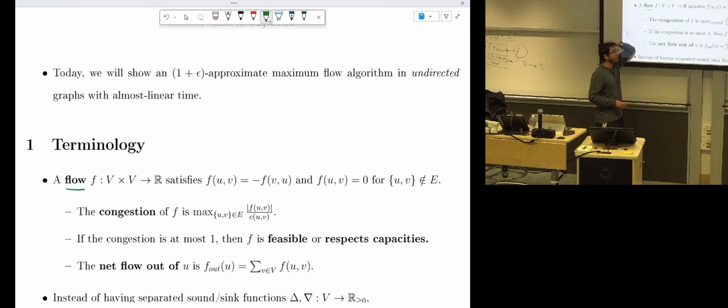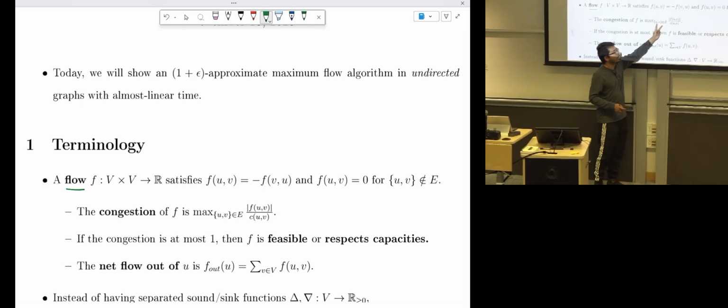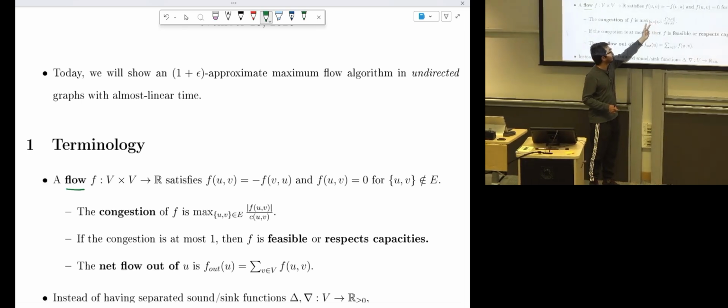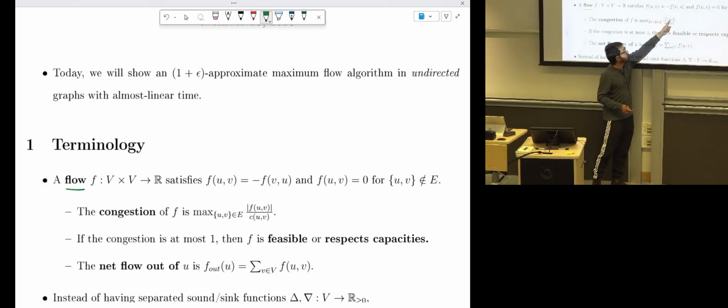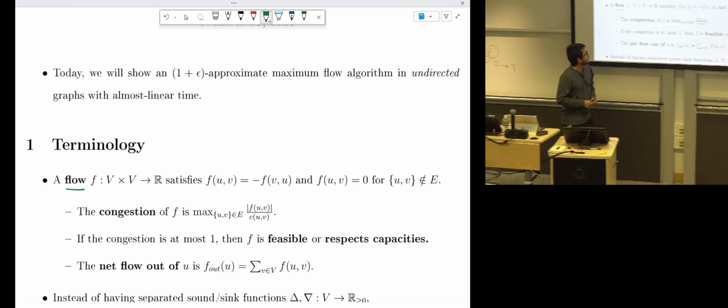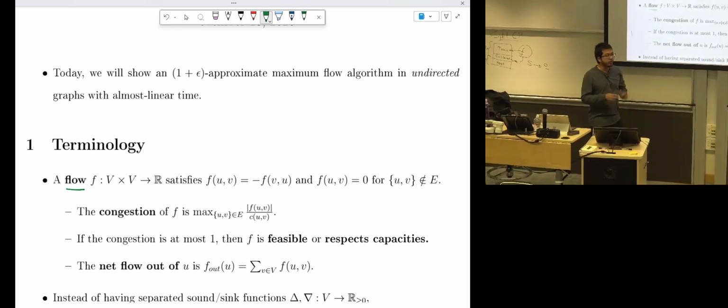And the congestion is as we expect. Just look at all edges, and maximize over all edges the value of the flow over the capacity of the edge. Okay. And if the congestion is at most 1, we say that the flow is feasible. Feasible means the congestion is at most 1. It respects the capacity.